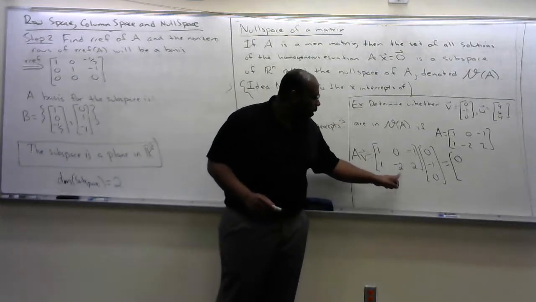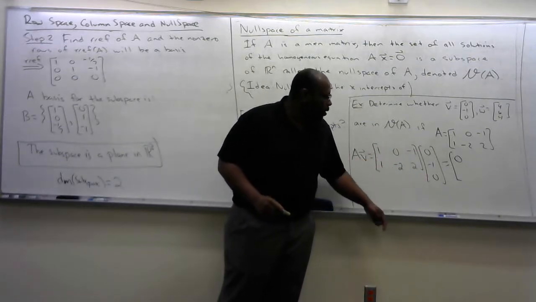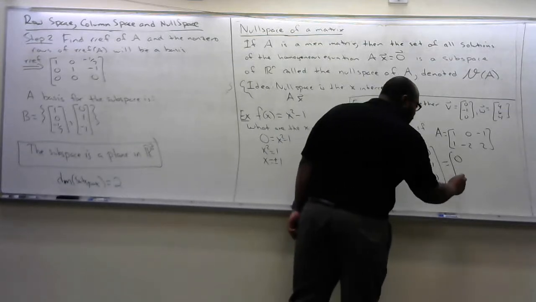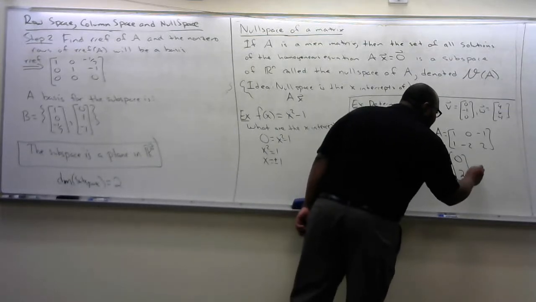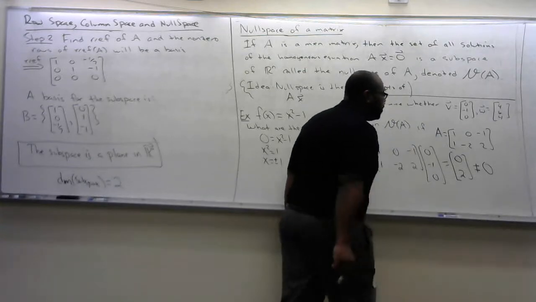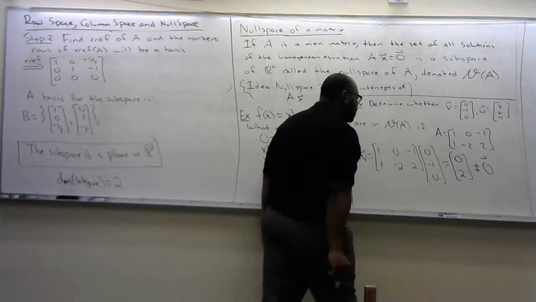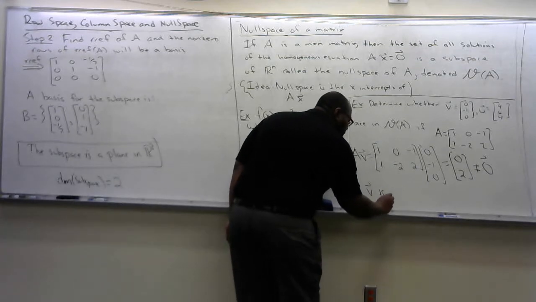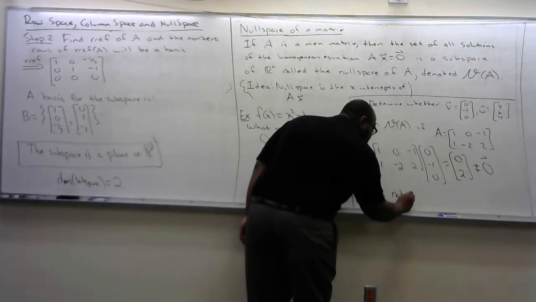When I take 1, negative 2, 2, dotted with 0, negative 1, 0, I end up with a value of 2, which does not equal the zero vector. So that means that B is not in the null space, because it's not an x-intercept.